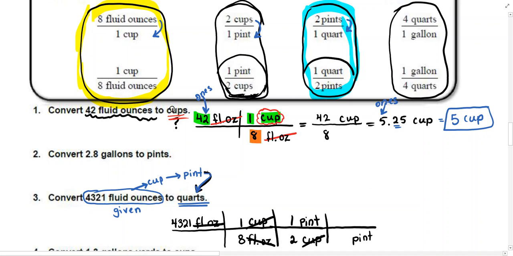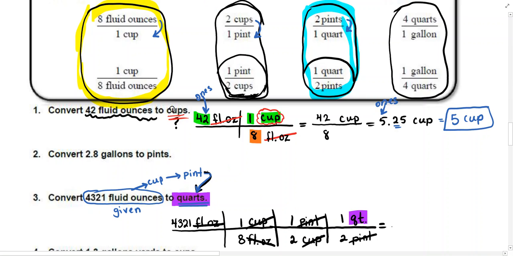And once again, it's this one at the bottom, 1 quart over 2 pints. Okay. Pints cancel, and now we're left with quarts. Now you have to always remember what was the original question. The original question was quarts, and now you have quarts.